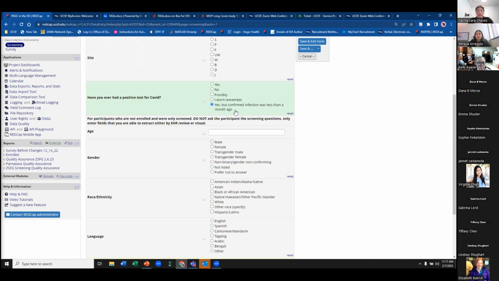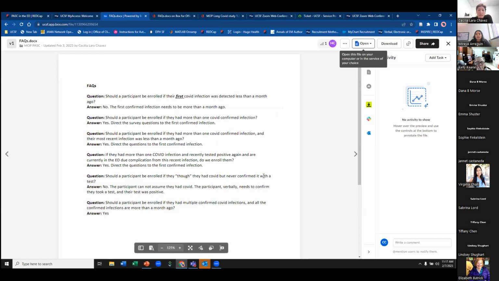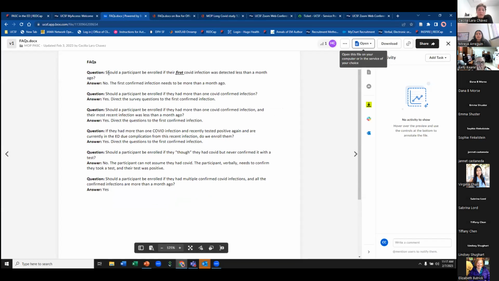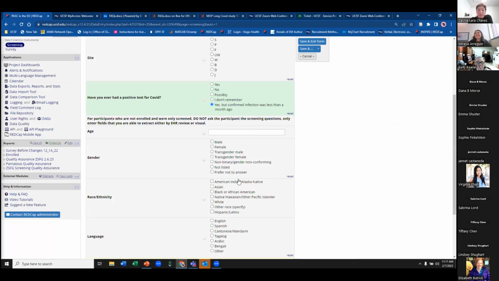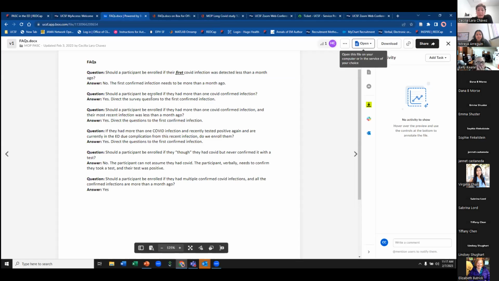So I'm gonna go back to these questions. For example, should a participant be enrolled if their first COVID infection was detected less than a month ago? So no, obviously, because here we have that their infection was not more than a month ago. Should a participant be enrolled if they had more than one COVID infection confirmed?